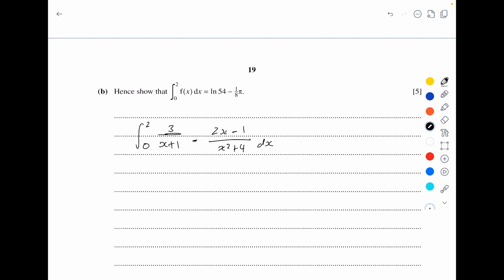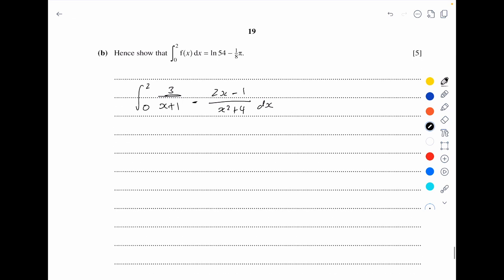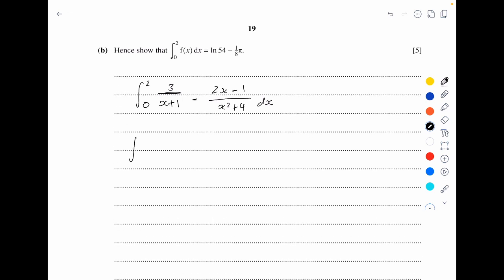So now the next bit. I can say, alright, the integral from 0 to 2 of 3 over x plus 1 dx, plus the integral from 0 to 2 of 2x over x squared plus 4, minus, again, the integral from 0 to 2 of 1 over x squared plus 4 dx.